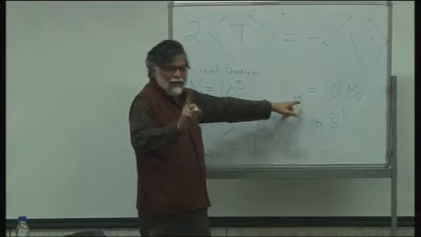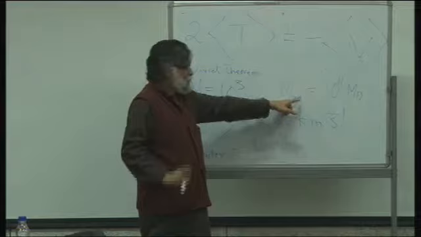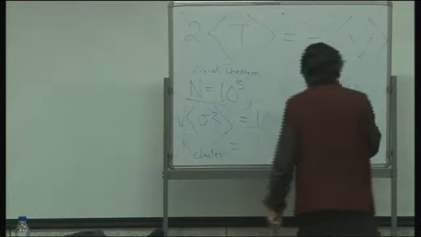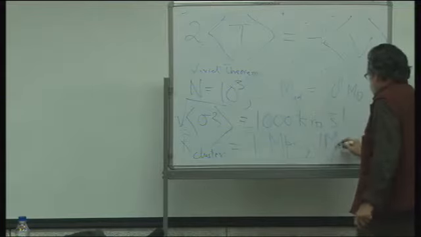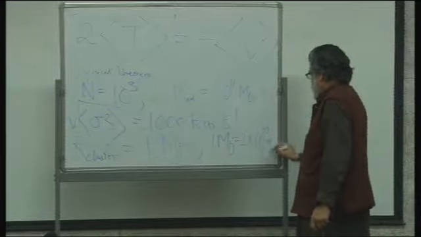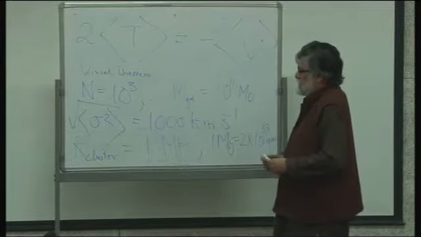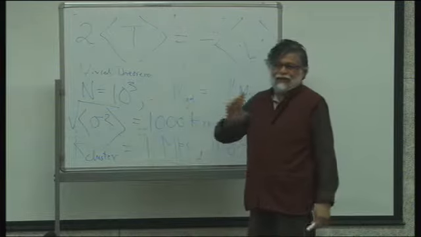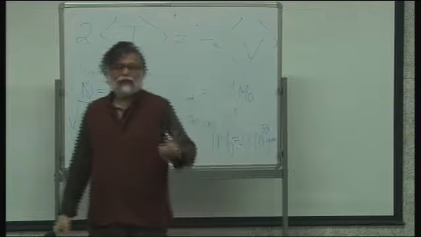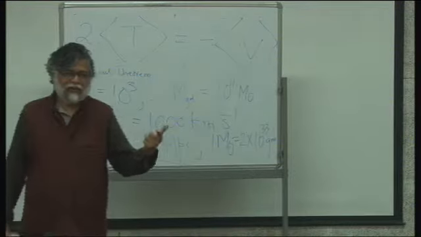Roughly, one galaxy has a mass of the order of 10 to the 11 solar mass, and one solar mass is 2 into 10 to the power 33 grams, and remember, 1 parsec is 3 into 10 to the power 18 centimeter, 1 megaparsec is 10 to the power 6 parsec, and so on.